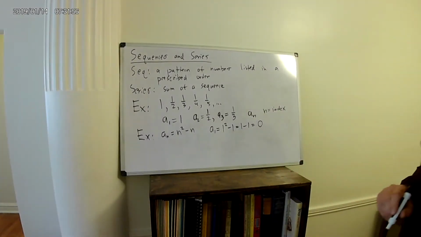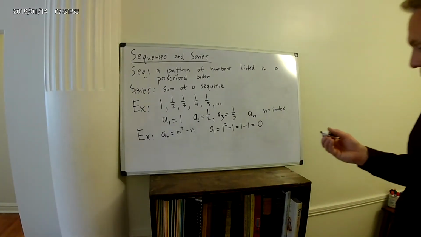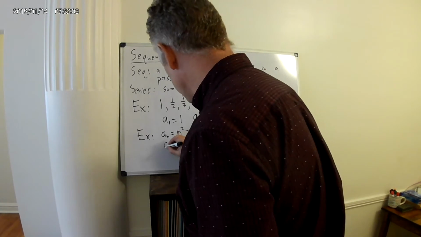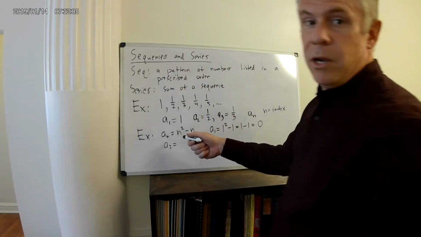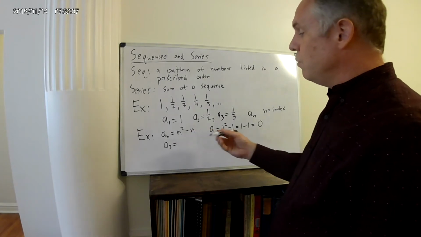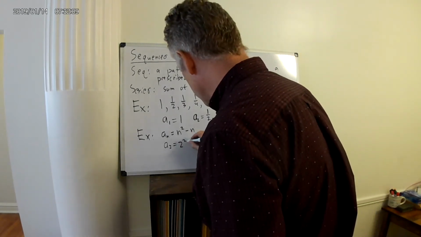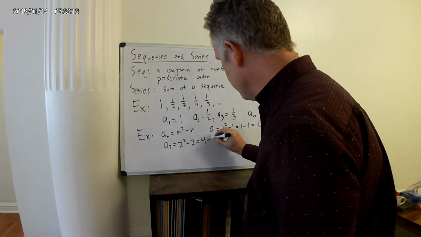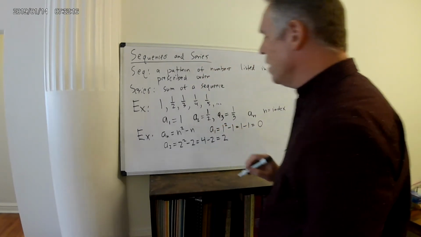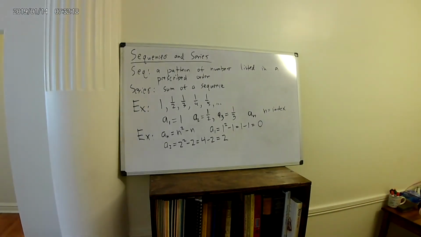So the first term of this sequence is 0. And then we can calculate successive terms. A sub 2, here the index is 2, so we plug in 2 for n. We get 2 squared minus 2, okay? 2 squared is 4, so we get 4 minus 2, and we get 2. So the second term of this sequence is 2.